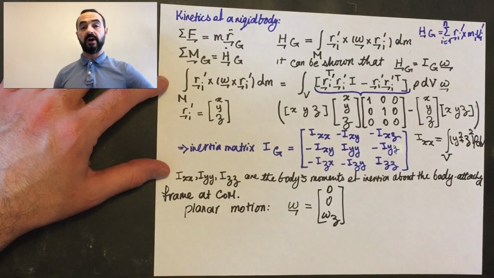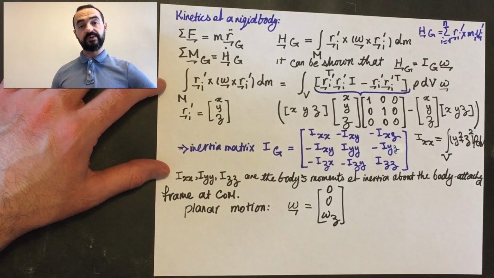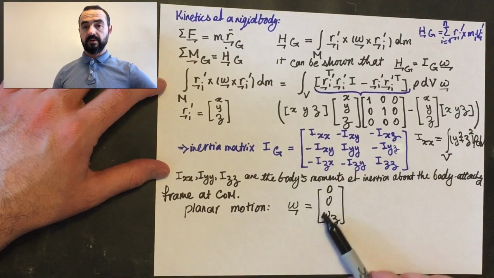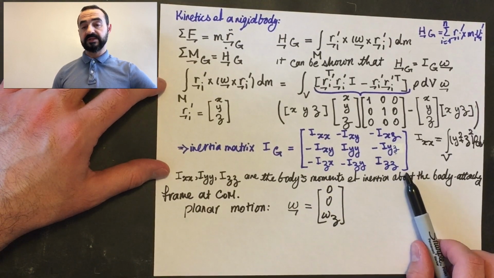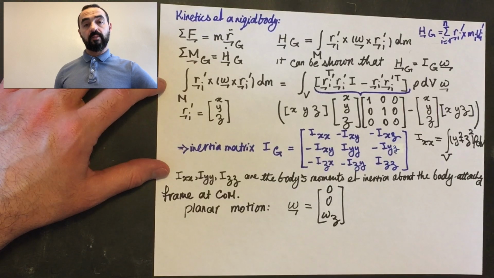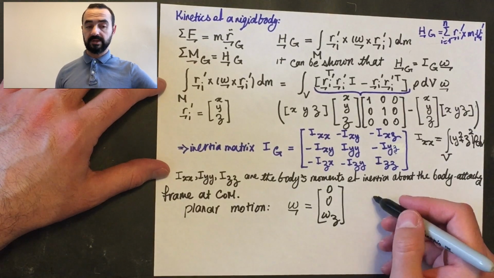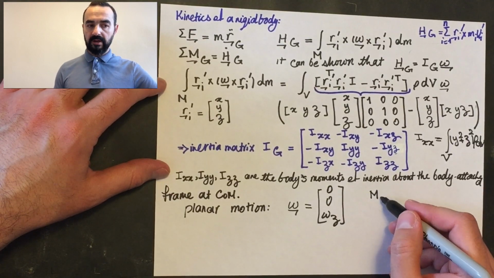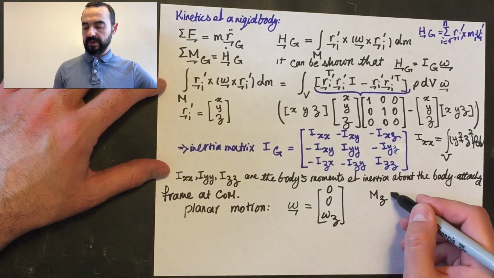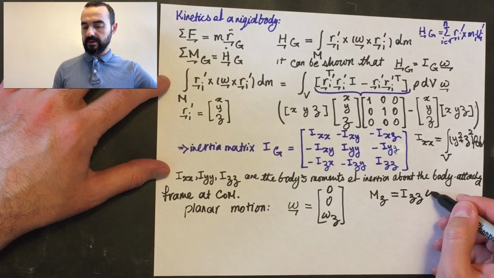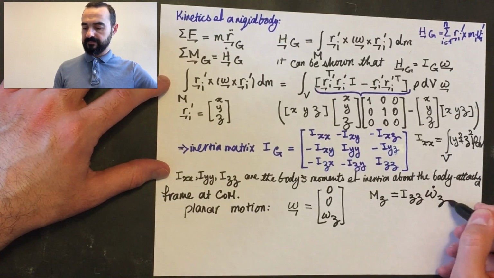So if it is hard for you to do this in your mind, just write down this matrix and pre-multiply this vector with this matrix, and you can see that our planar rotational equation of motion is going to be M about z equal to Izz omega dot z.